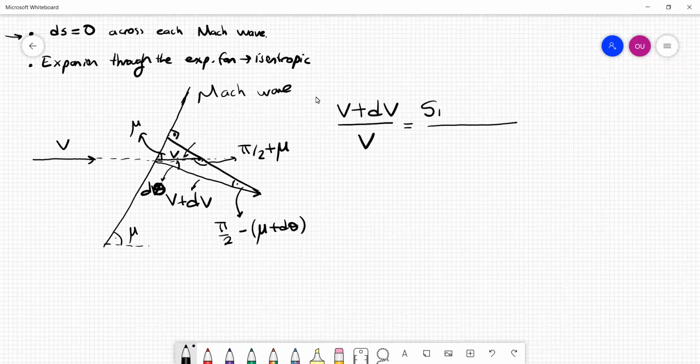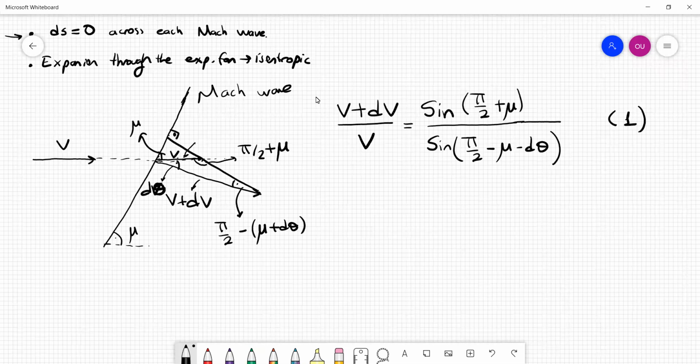For example, one can write that (v plus dv) over v is equal to sine(pi over 2 plus mu) divided by sine(pi over 2 minus mu minus d theta). We could write this. In our derivation process, we will call this equation 1. This is from the geometrical layout that we've just drawn here.